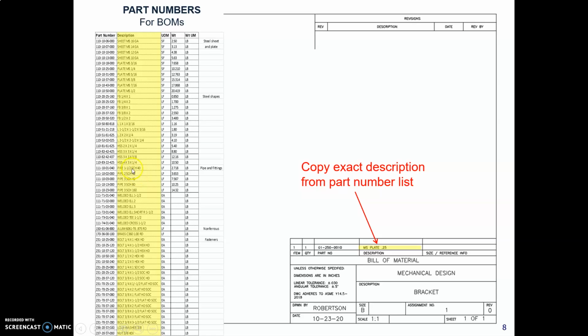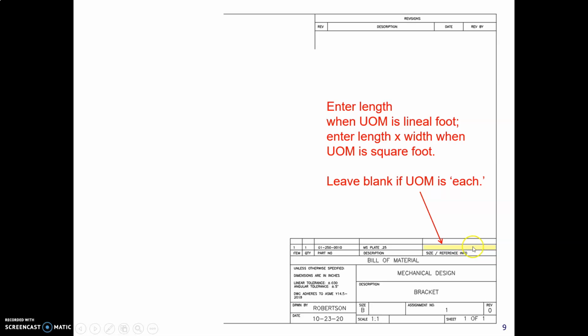So you come over here and find 1.5" pipe is pipe 1.5, schedule 40. You write that in there. And then if it's something like pipe, you might want to be helpful and write the length of pipe in here. If this were an entry for a fitting, then putting the size in here wouldn't make any sense, so you just leave that blank.